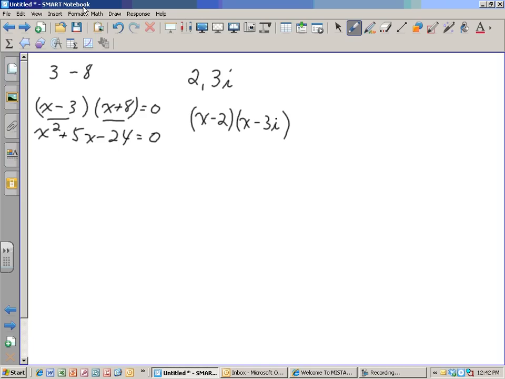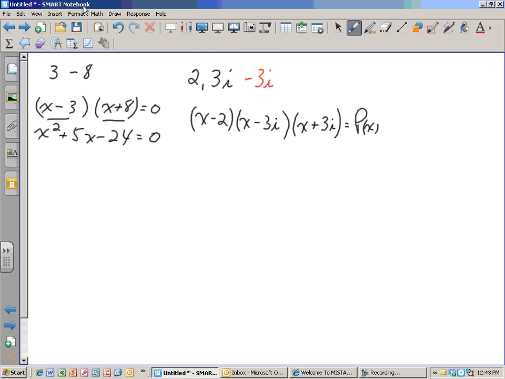Negative 3i, right? Remember, if you have an imaginary root, its conjugate is also a 0 or a root. So if 3i is a root, then negative 3i is also a root. And if negative 3i is a 0, then what's a factor? X plus 3i.